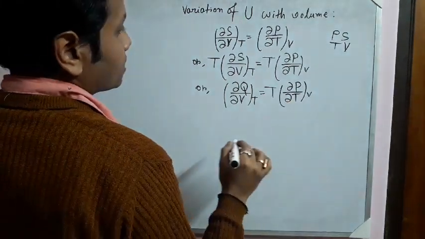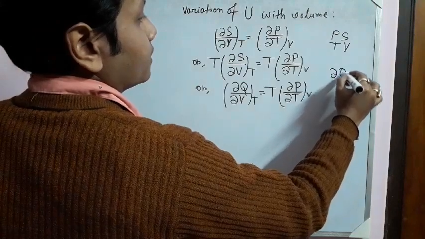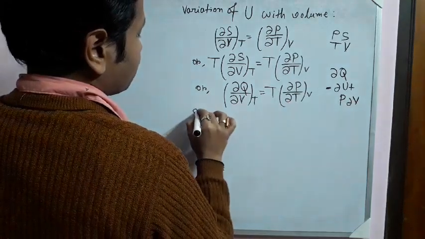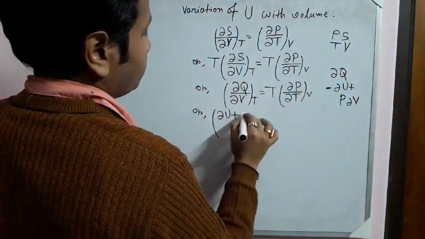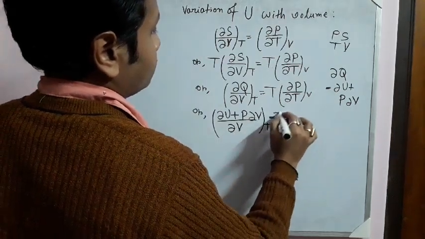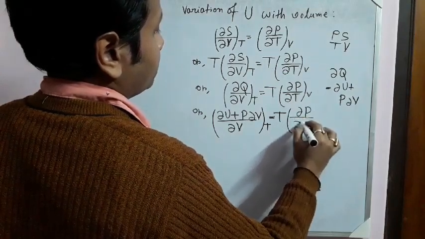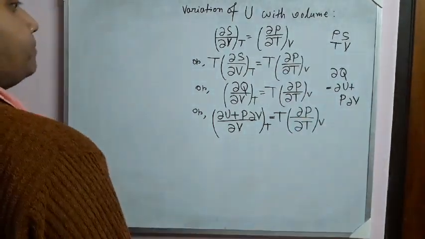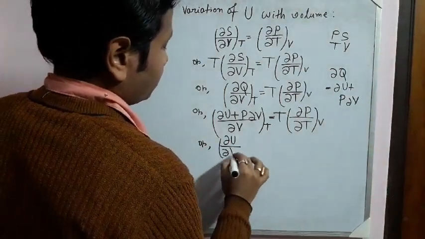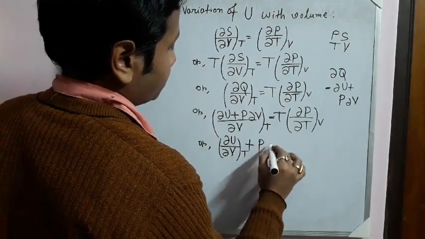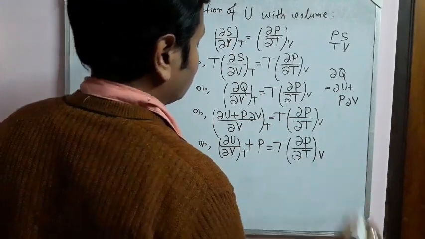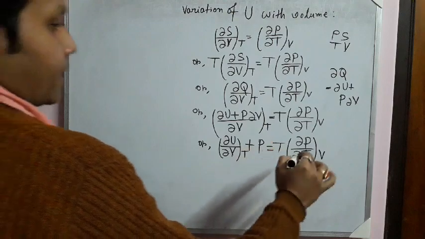Again from the first law we can write del q equals del u plus P del V. Substituting this here, (del u plus P del V) by del V at constant T equals T into (del P/del T) at constant volume. So we can write (del U/del V) at constant temperature plus P equals T (del P/del T) at constant volume.